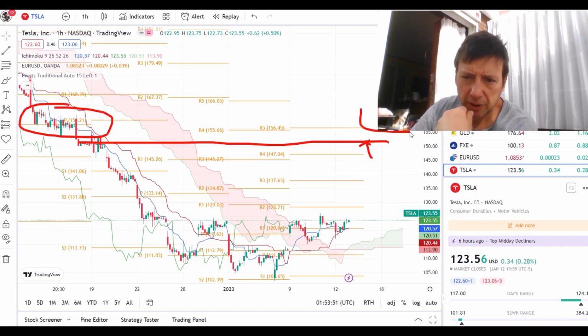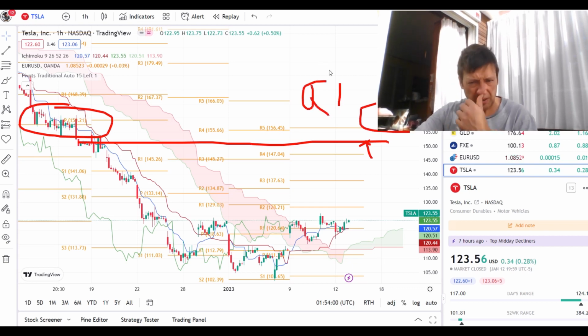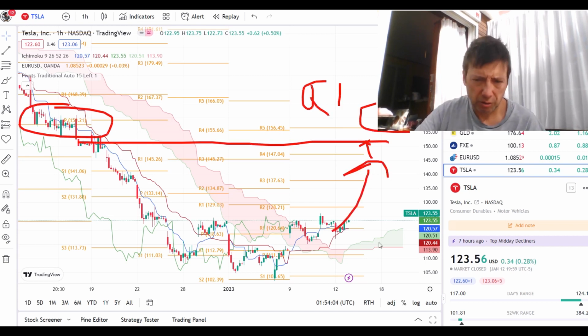You will see here also a range, and that will be around 160. That will be the weighting for the Q1 for 2023. So that will be ideal, that we will see a move like this in the stock.